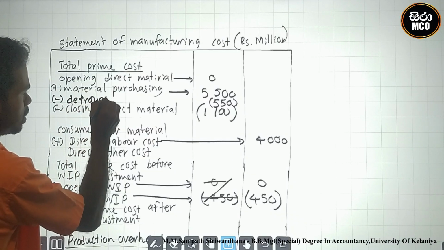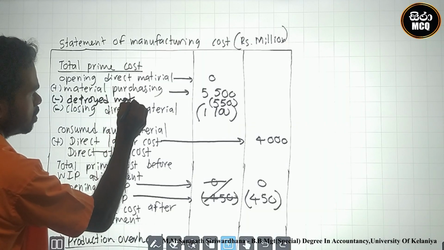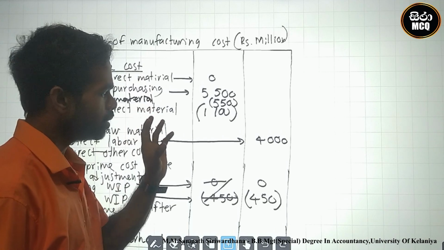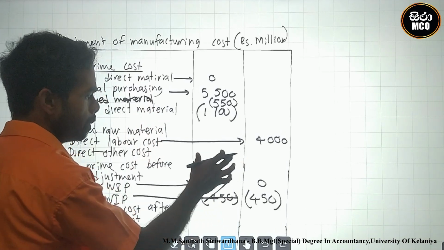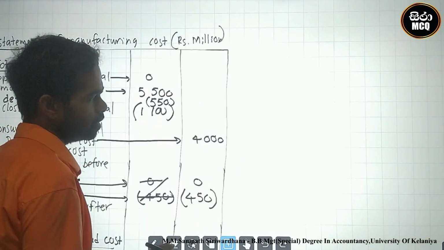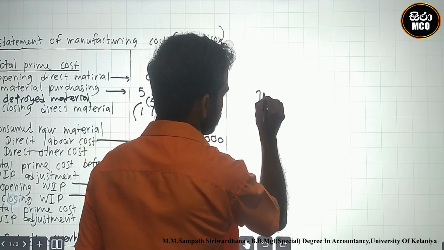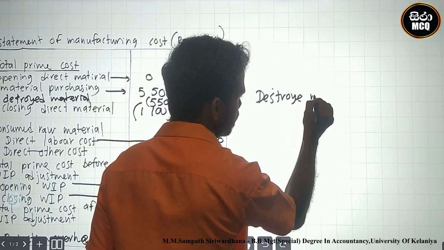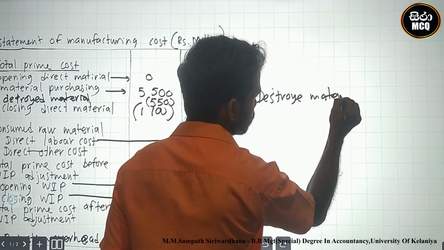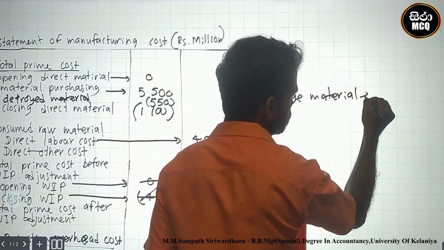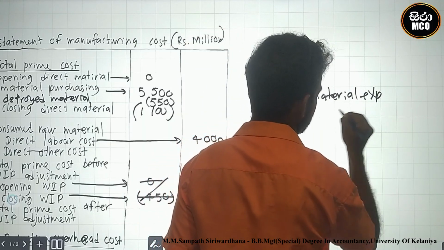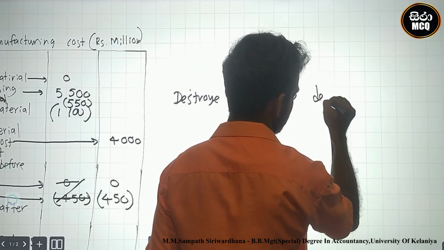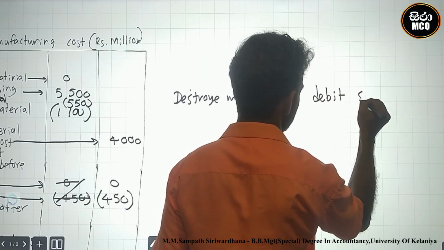For the destroyed material, the double entry is: debit destroyed material expense 550.